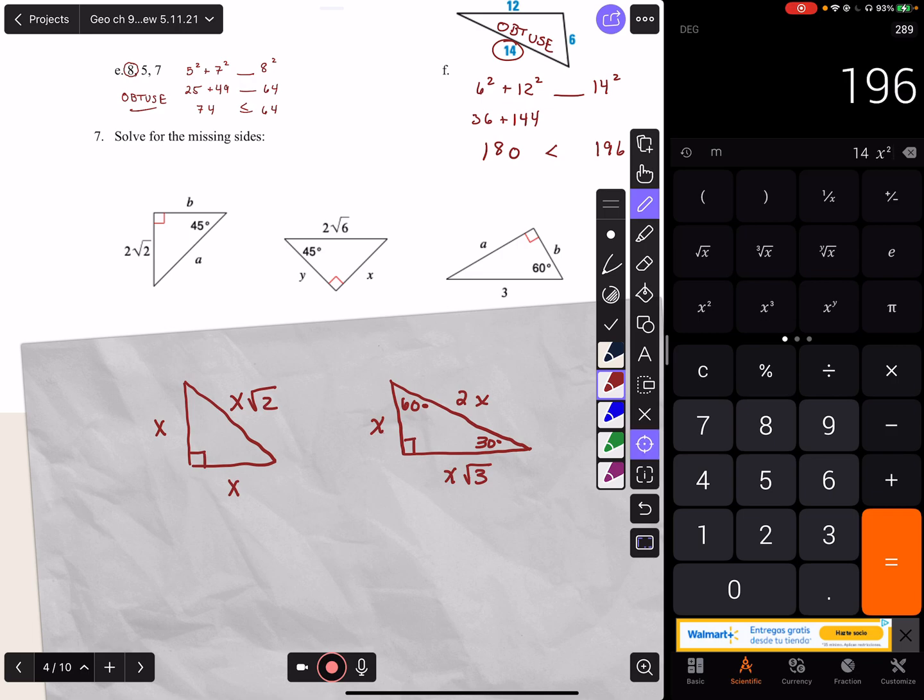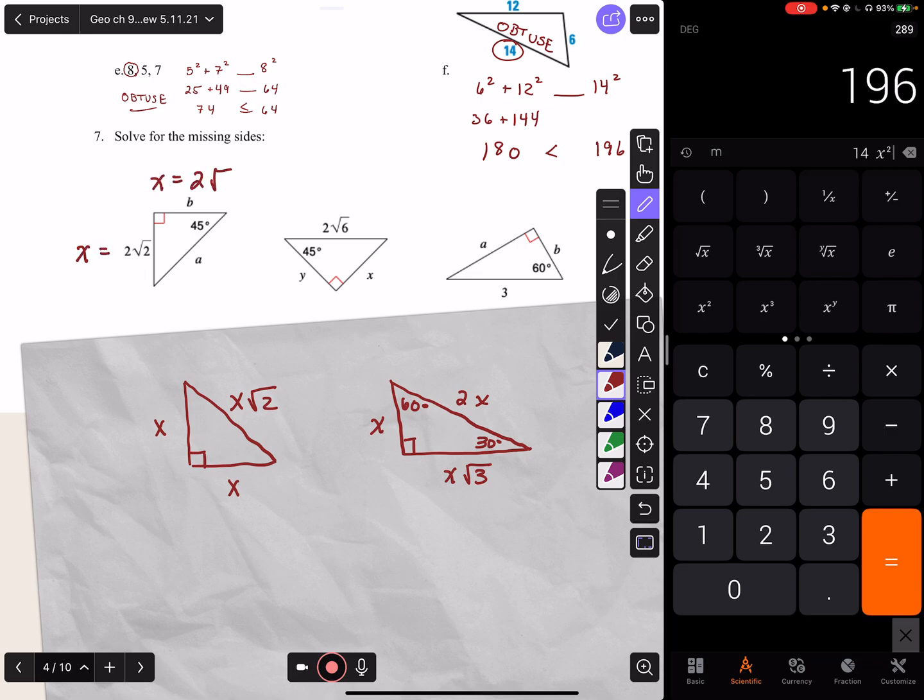So when we do this, we look at our triangle. We say, okay, 45, 45, 90 triangle. We compare it to our model now. The hypotenuse is the x root 2. The other two sides, it's an isosceles triangle. They're both 2 root 2. So x is 2 root 2.